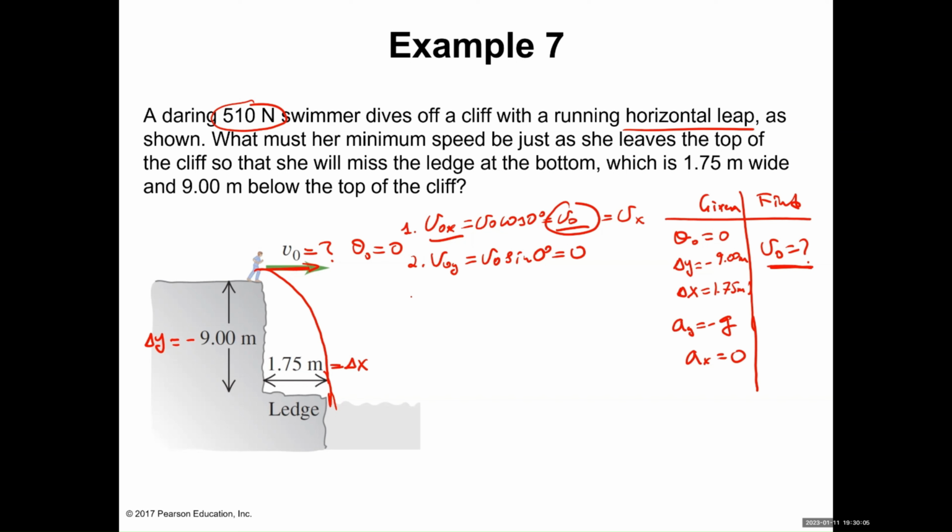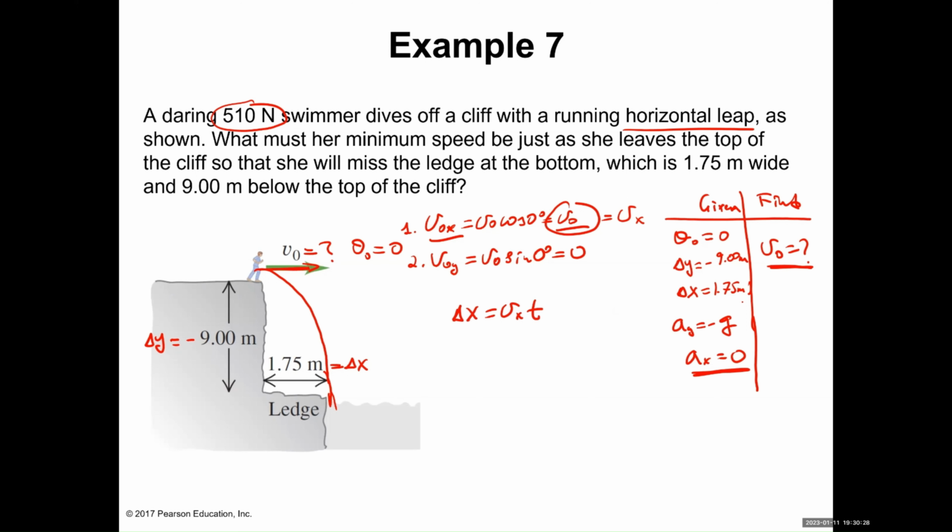I know one equation with horizontal velocity: delta x equals vx times t. Technically this is plus one half ax t squared, but because ax equals 0, we can ignore the second part.